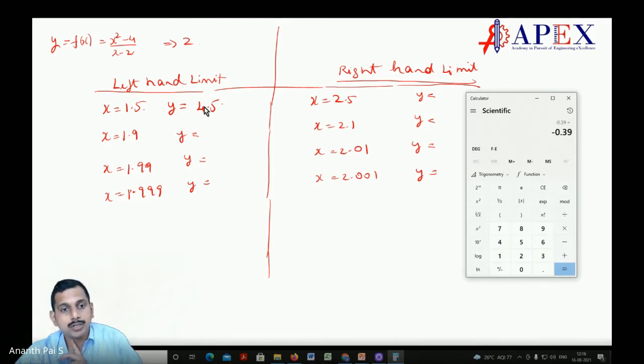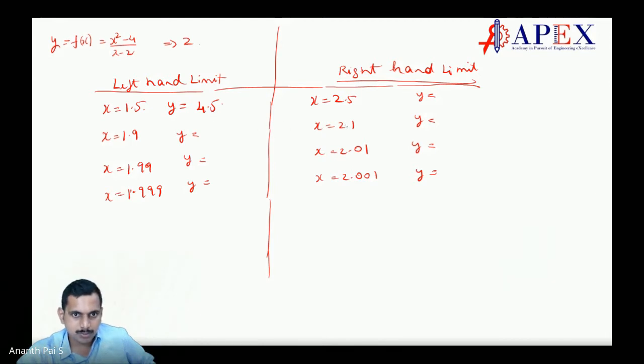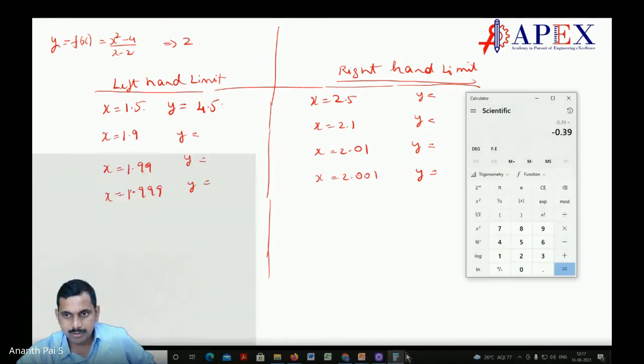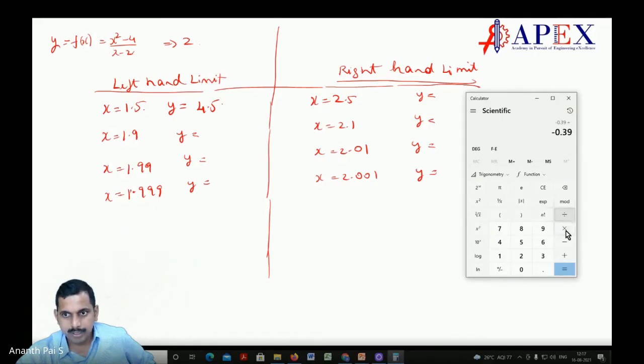I'm sorry students, this one which we have solved is wrong. So minus 3.5 divided by, let us say, 1.9 minus 2, which is minus 0.1, correct?